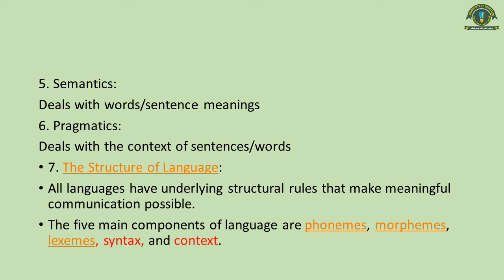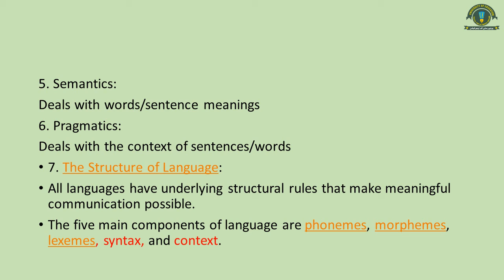A phoneme is the smallest unit of sound that may cause a change of meaning within a language, but that doesn't have meaning by itself, like b, t, k. A morpheme is the smallest unit of a word that provides a specific meaning to a string of letters.